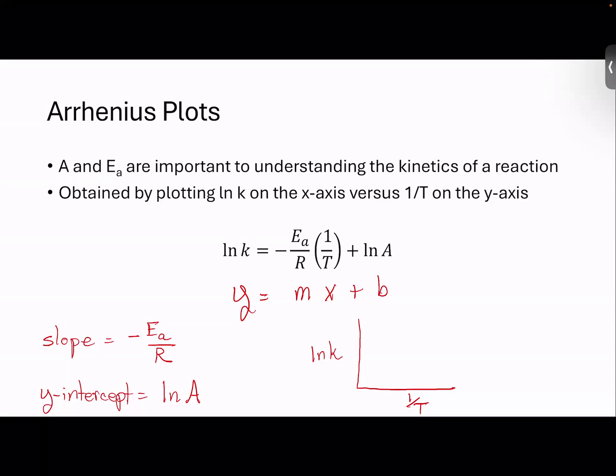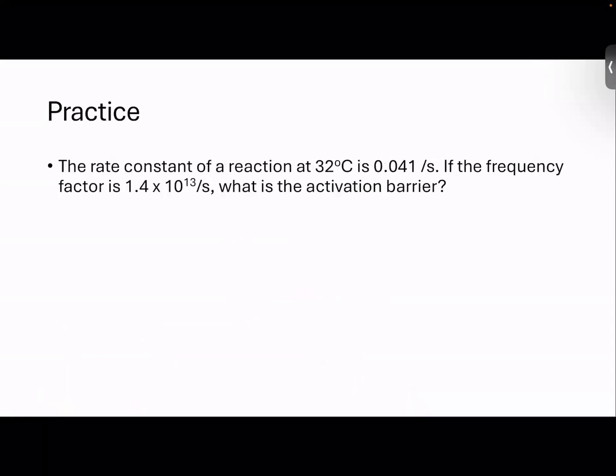So let's look at some practice problems. The rate constant of a reaction at 32 degrees Celsius is 0.041 per second. If the frequency factor is 1.4 times 10 to the 13th per second, what is the activation barrier?